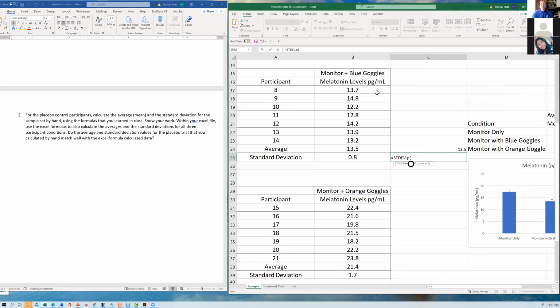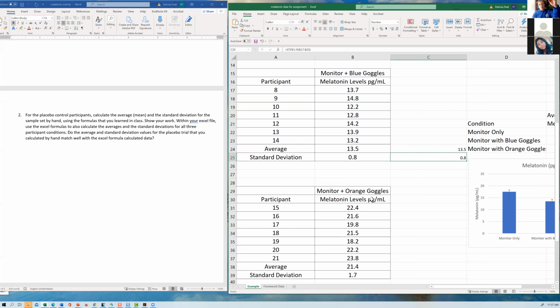So if I take this set and I grab it all here, and then I'm like, what are the standard deviations between this number? You can see it's giving me 0.8139. I'm going to walk that back again to the first decimal place. Boom, boom, boom, boom. Come back. And then I've got 0.8.